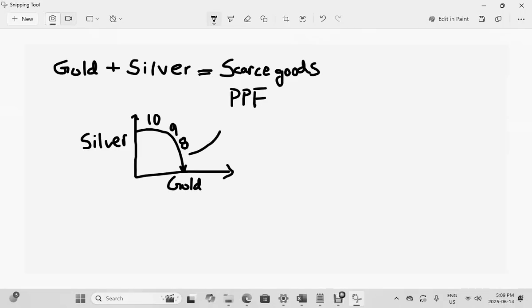Your input of production goes up for gold. You're allocating more labor, more raw materials, more tools, equipment, and more time towards mining gold. This has to do with allocation of scarce resources.